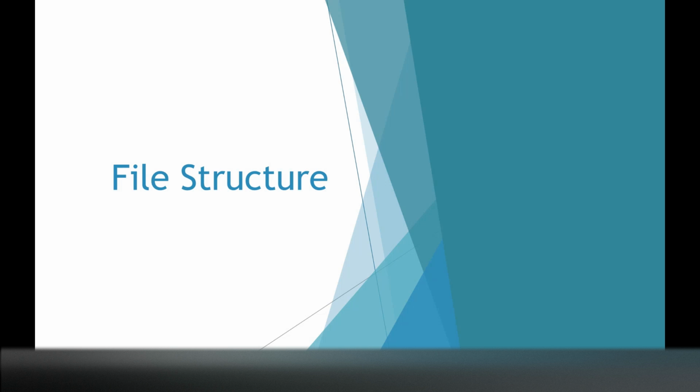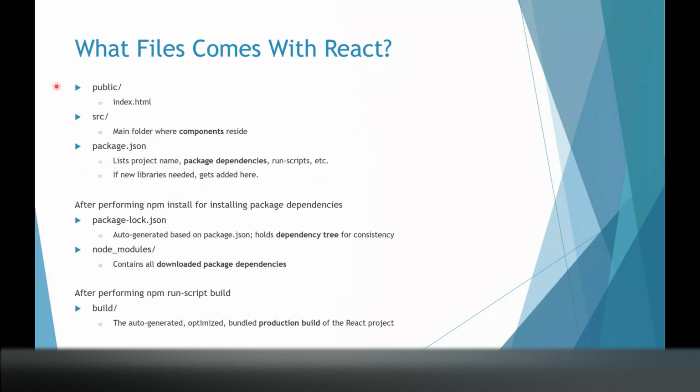So the first one, file structure. When you're first creating a React project, there are three main ones that get pre-made for you. So the public folder, which contains the index.html file, the source folder, which contains all of the components that you guys have been working on so far, the package.json, which contains all the package dependencies, and it even has things like the project name as well, and any run scripts, which are already pre-made for you as well.